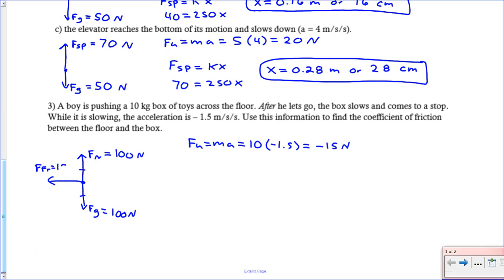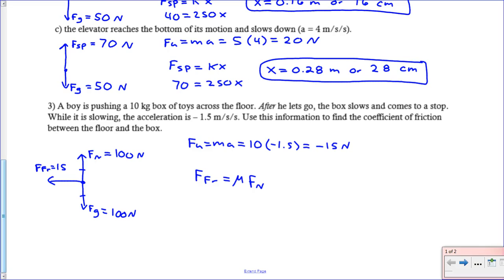So I'm not going to write negative 15 here. I'll just write 15. And the fact that this is going to the left is implicit that the box is going to the right, and then the friction force is opposing it. And so that's where the negative comes out. Now that we've got friction force and we've got normal force, we know that Ffr equals mu times Fn.